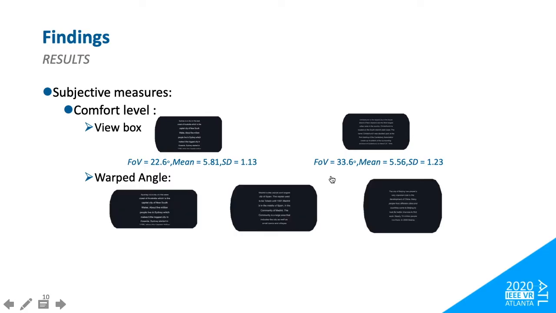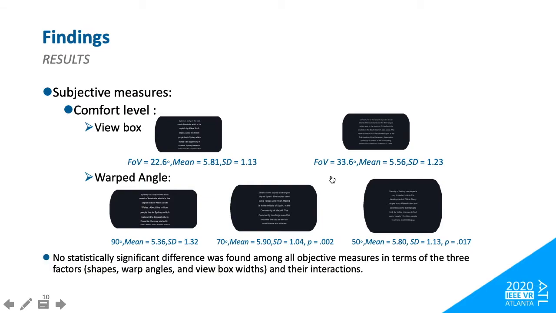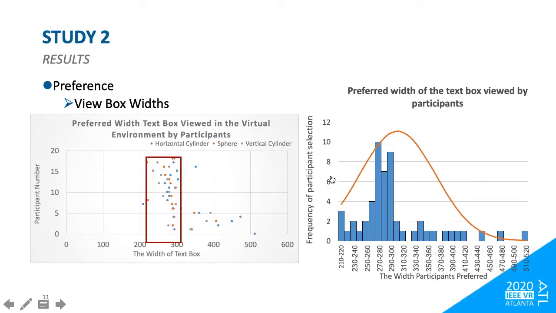And for the warped angle, the most warped performs worst, while the other two show similar performance compared with the most warped one. But there is no significant difference in the interaction effect and other measures.